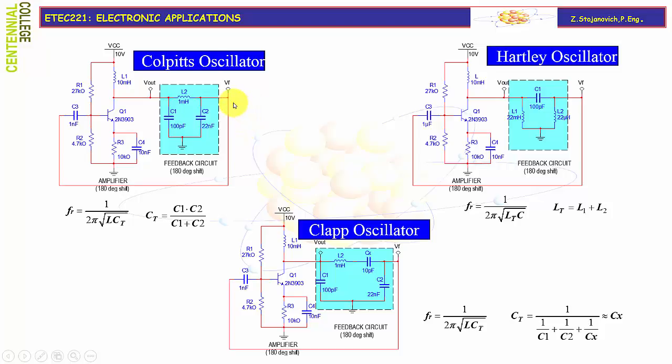Typically, load has a certain parasitic capacitance, which is then added to the C2 in parallel, which increases overall capacitance and therefore changes the frequency of oscillation. The similar situation is with the capacitor C1, where parasitic capacitance of the active device will be added in parallel, increasing capacitance and thus changing the frequency of oscillation.